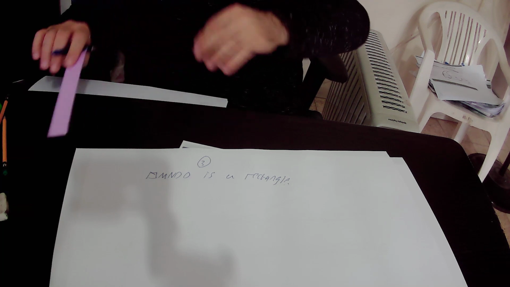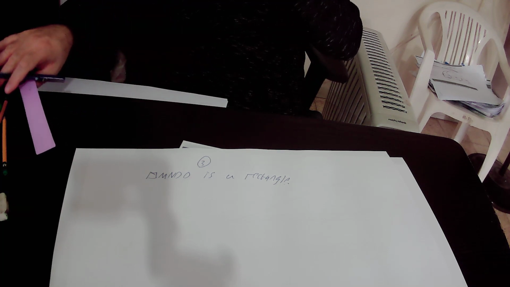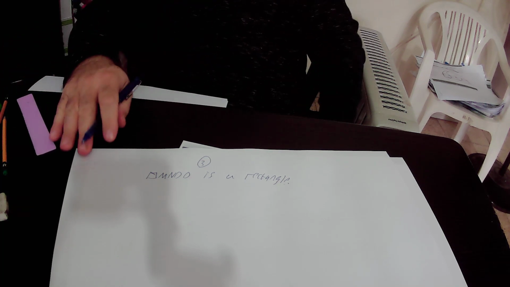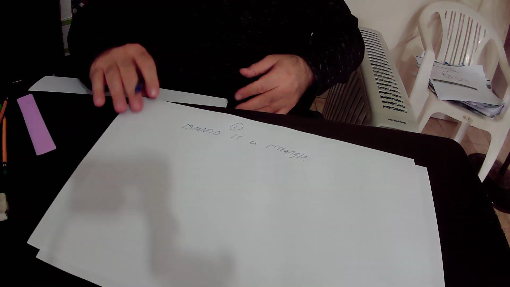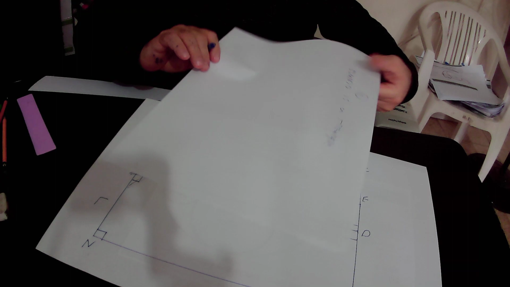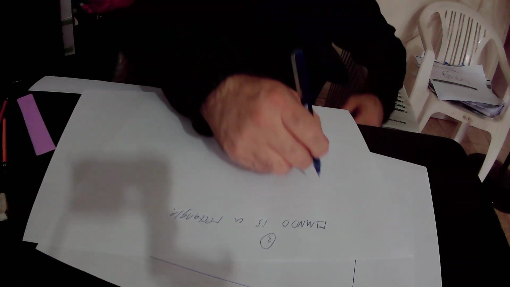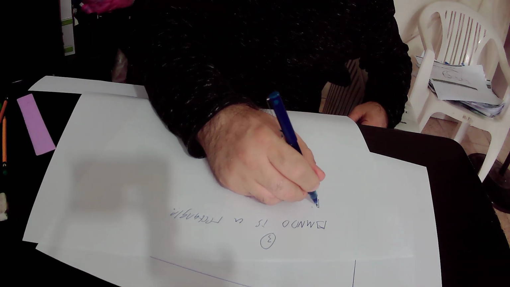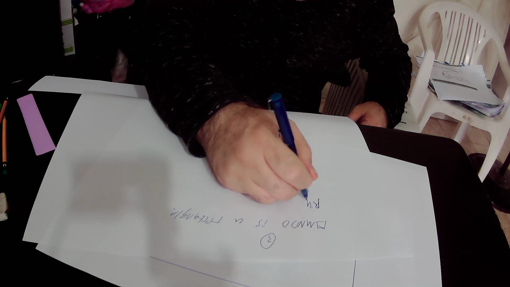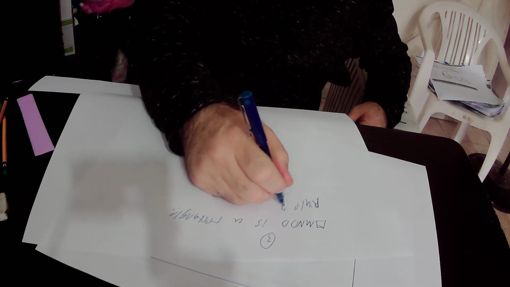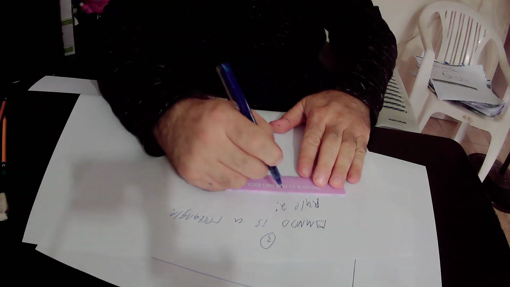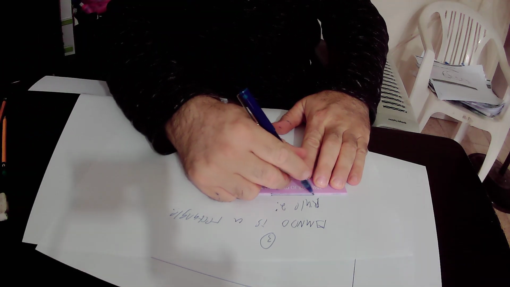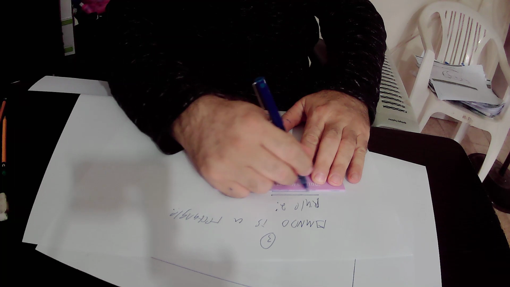And we have rule number 2. According to rule number 2, the opposite sides of a rectangle are equal to each other.